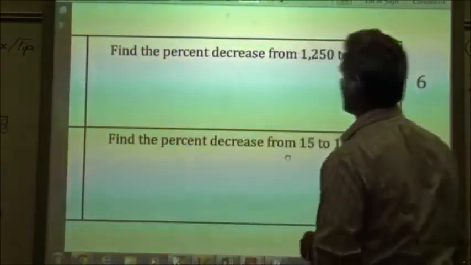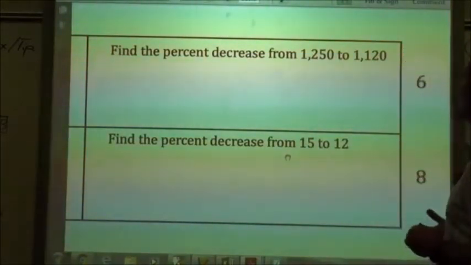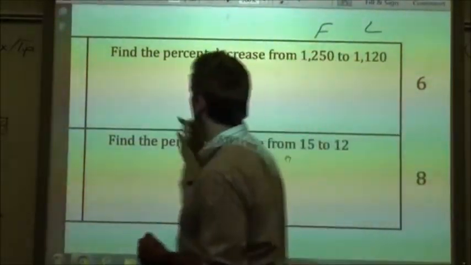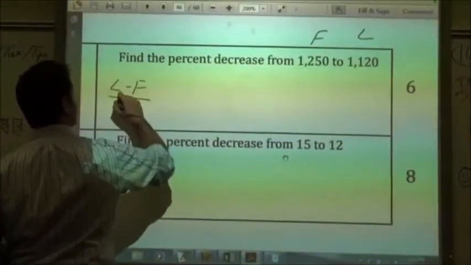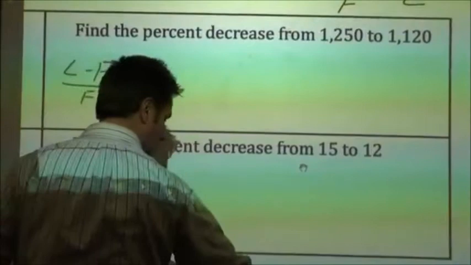Problem number 6. Find the percent change from 1,250 to 1,120. Once again, first, last. And we're using the same formula: last minus first over first times 100.